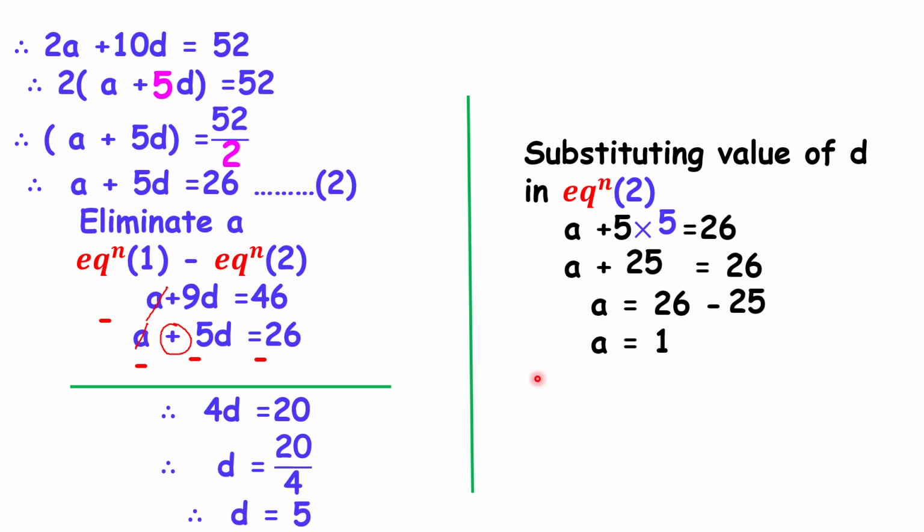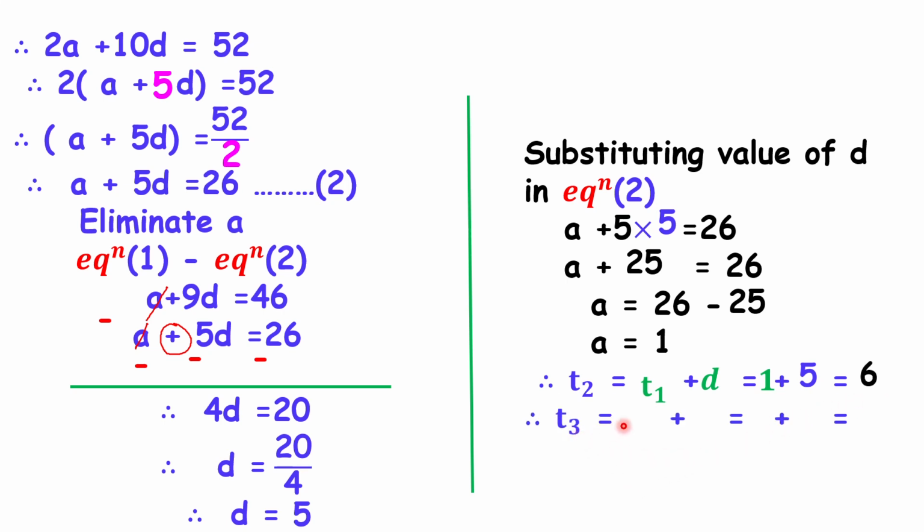To write the arithmetic progression, the first term is nothing but 1. To find the second term, we add the common difference to the first term, that means T1 plus d. Here T1 is 1, plus d is nothing but 5. 1 plus 5 is equal to 6.